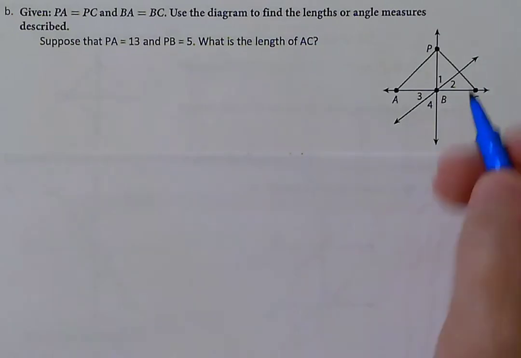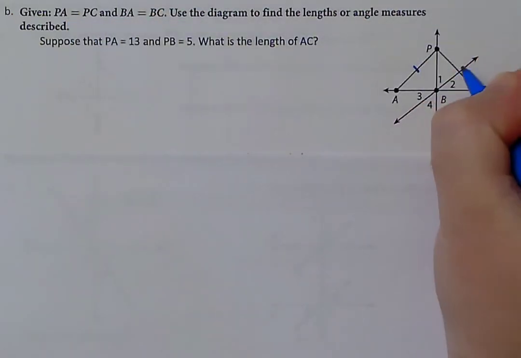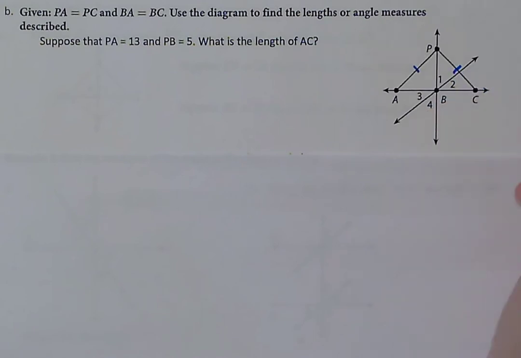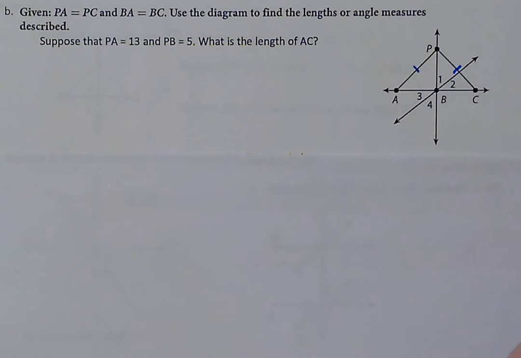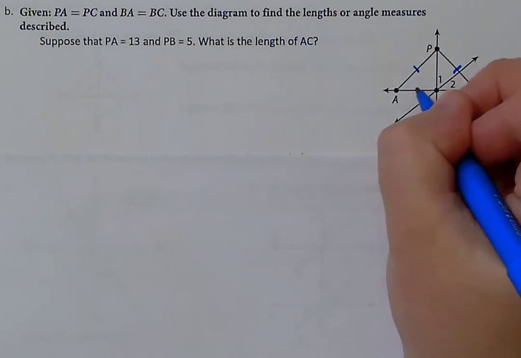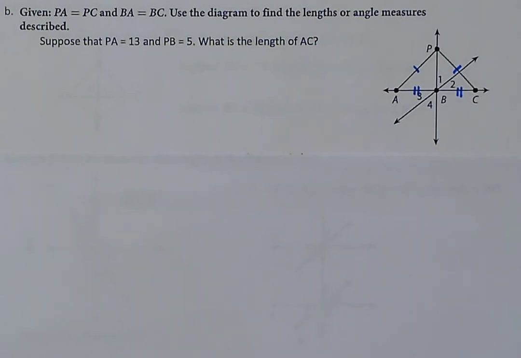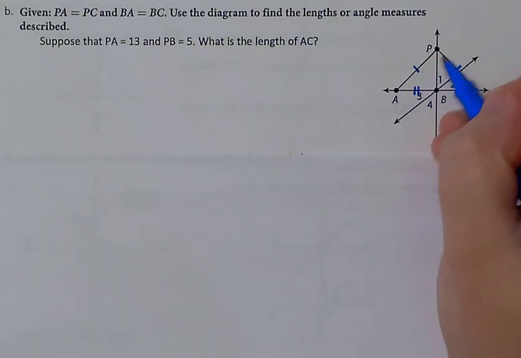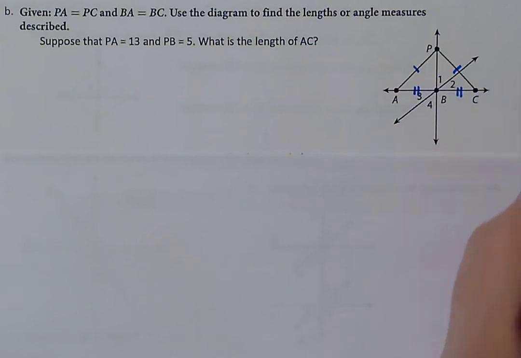So what they're saying is that PA and PC are the same measure, and that BA and BC are the same measure as well. So I know that this is equal to this, and this is equal to this.